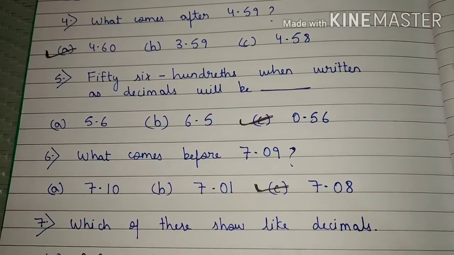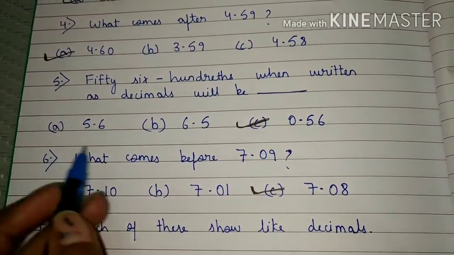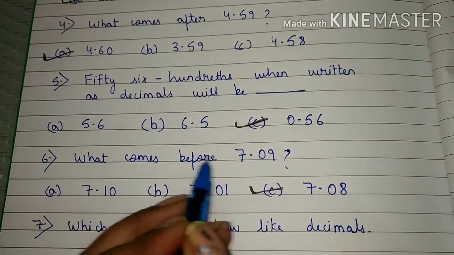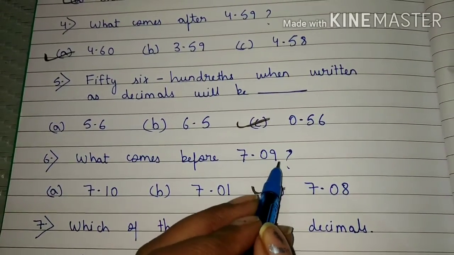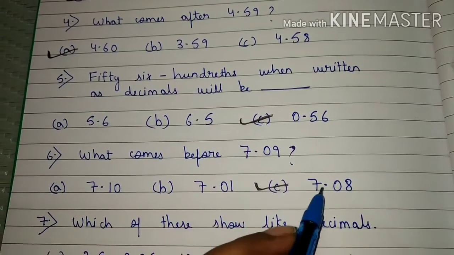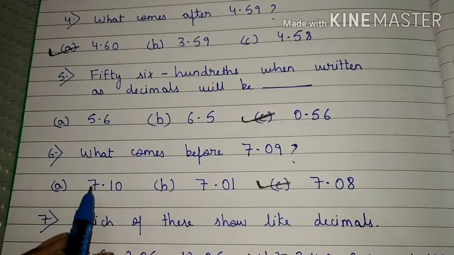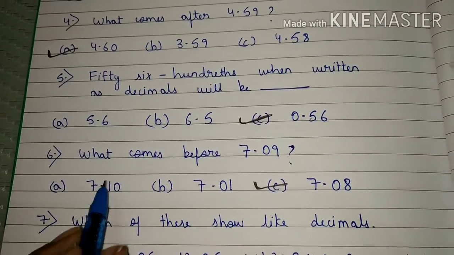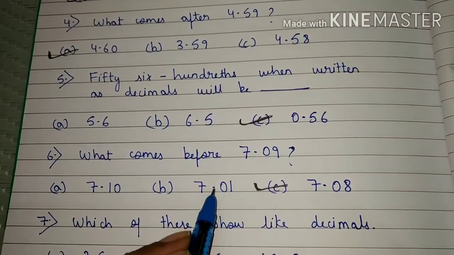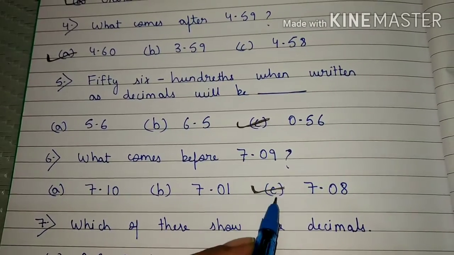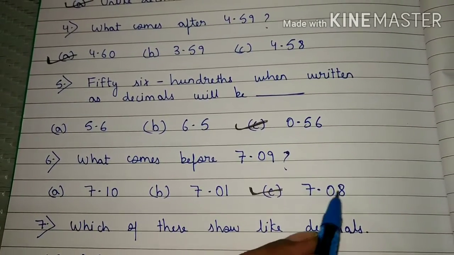Students, now come to question number 6. What comes before 7.09? You can see here three options are given to you. Option A 7.10, option B 7.01, option C 7.08.